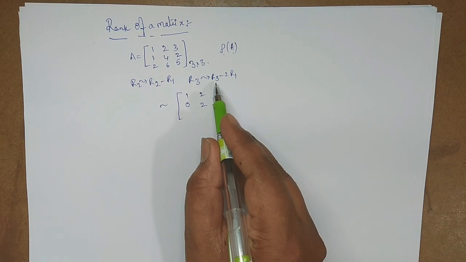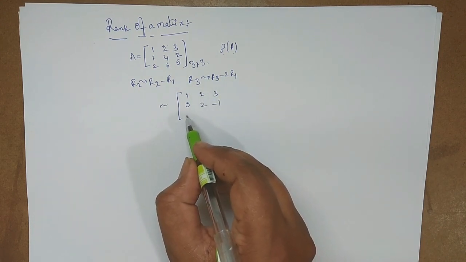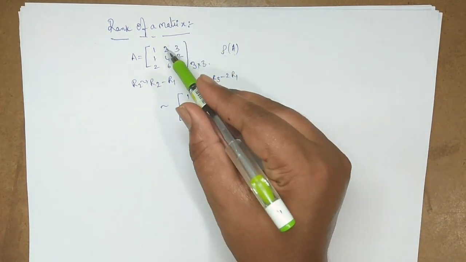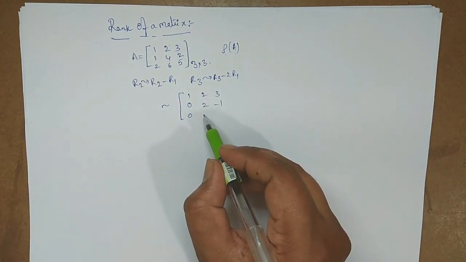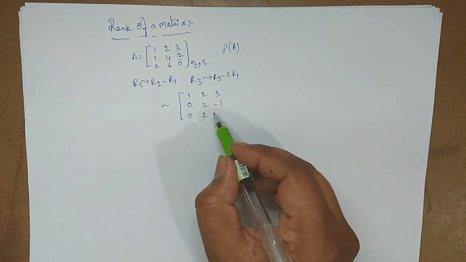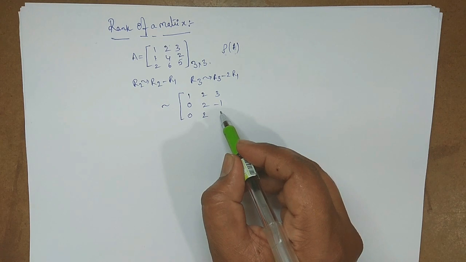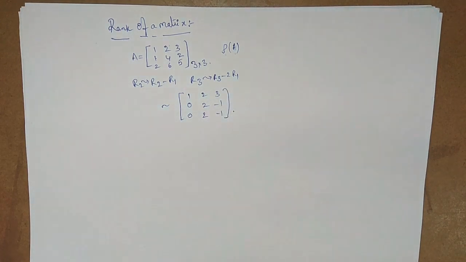Next, R3 minus twice R1: 2 minus 2, that is 0, then 6 minus 2 times 2, that is 6 minus 4, that is 2, and 5 minus twice 3, that is minus 1. This is the resultant matrix that we get.